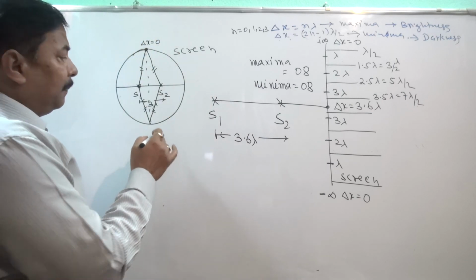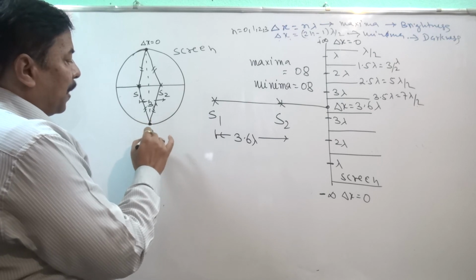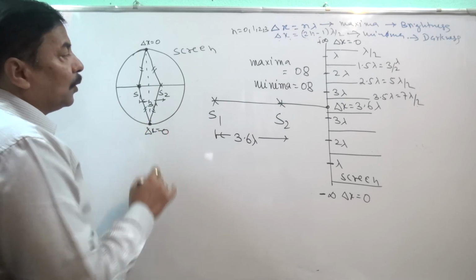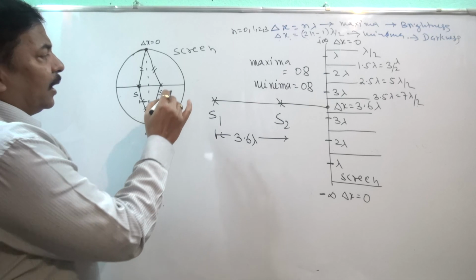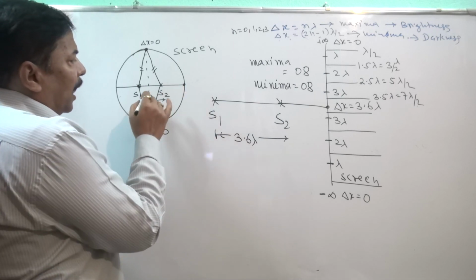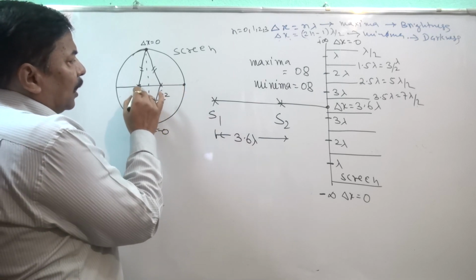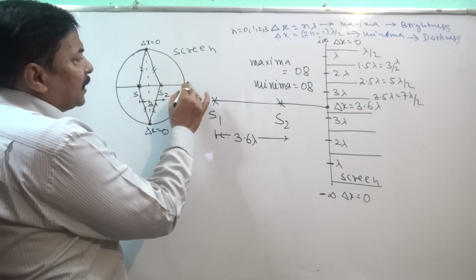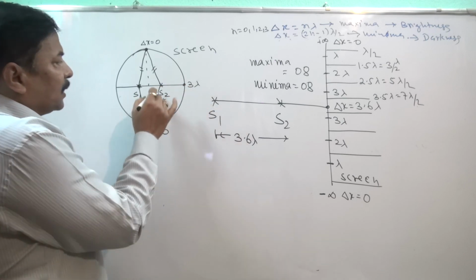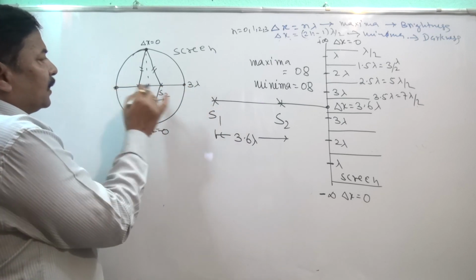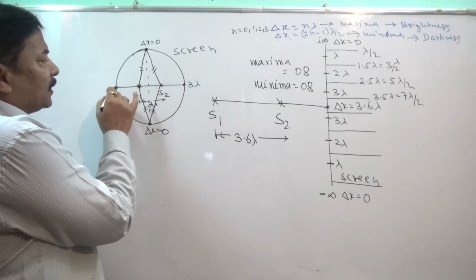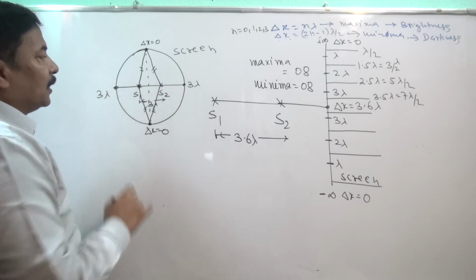And similarly, here also the path difference is 0. If we take this point, this distance minus this distance is 3 lambda. Similarly, at this point, this distance minus this distance is 3 lambda.